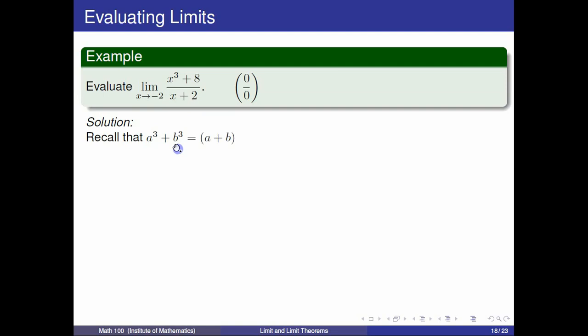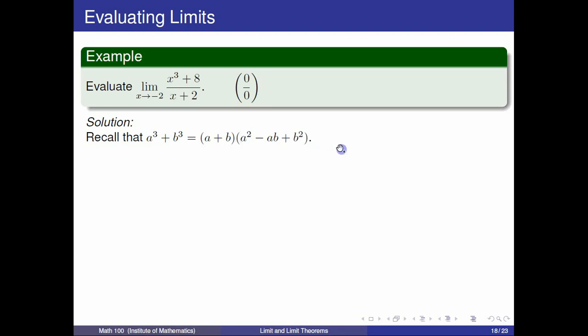It's simply sum of cube root nito, so a plus b, times square nito, and then product ni a and b, tapos negate nyo. So, imbis na positive, you have negative ab, plus square naman ng second term, so plus b squared. Okay?